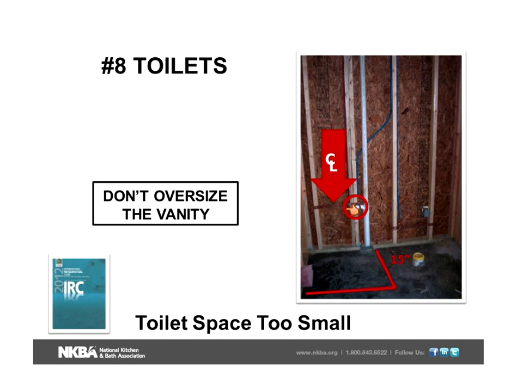So in this particular case, what you need to do is measure from the center of the drain for the toilet to the left 15 inches. The code says that has to be 15 inches minimum. So rather than relying on the rough end of the plumbing, you need to rely on making sure the toilet fits in there, because we can always get a smaller vanity, but we may not be able to get the toilet in the required space.